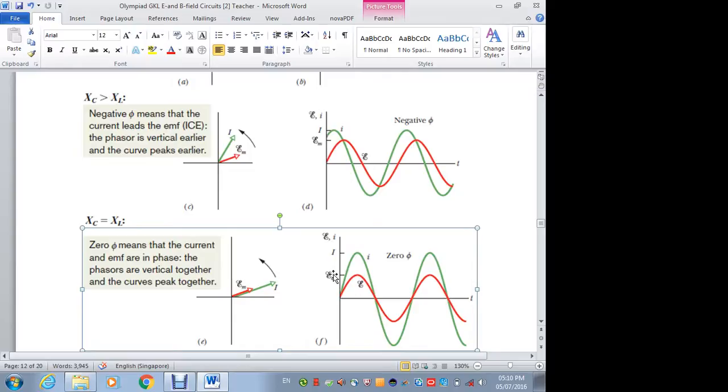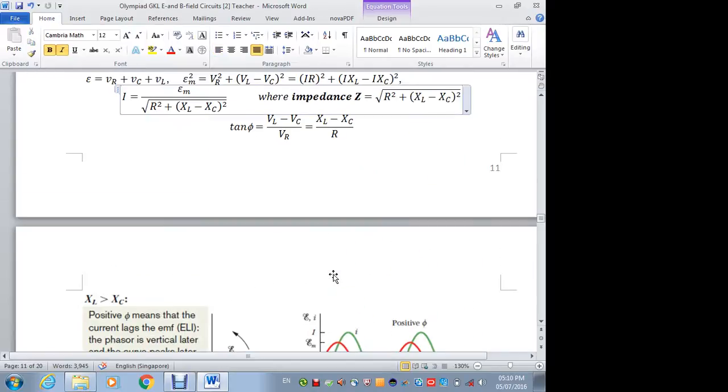Now, XL equals XC. That's very interesting because this corresponds to the instance when the impedance is actually the smallest. If you look at R squared plus XL minus XC squared, because of the square term, whether XL minus XC is negative or positive is not important, because if you square it, it becomes a positive value.